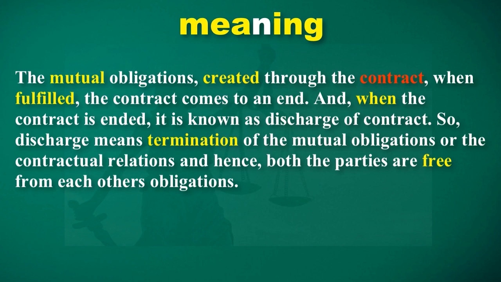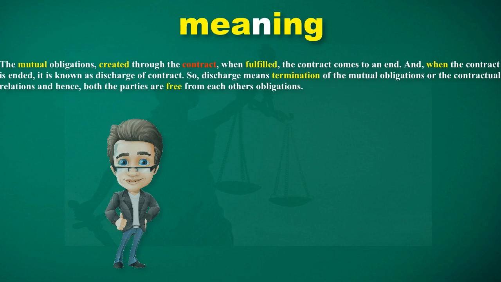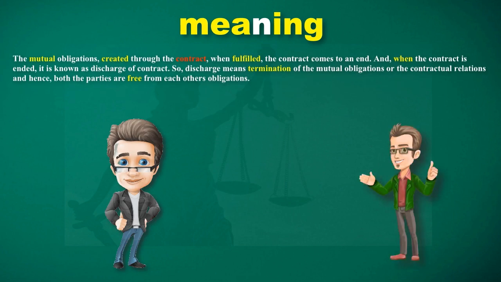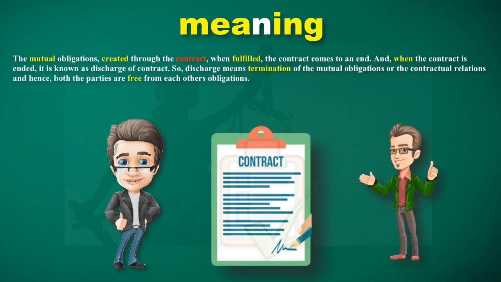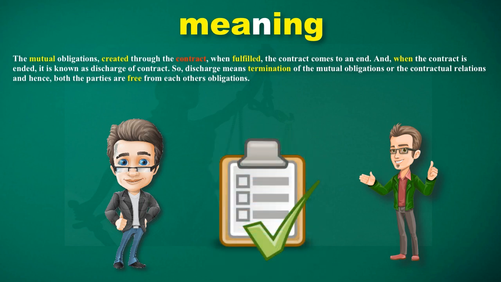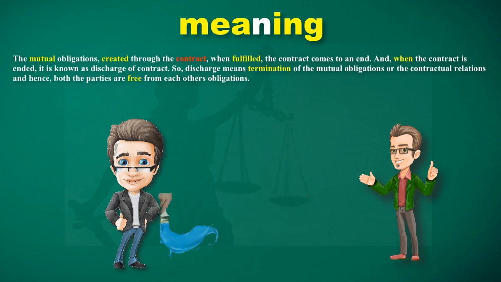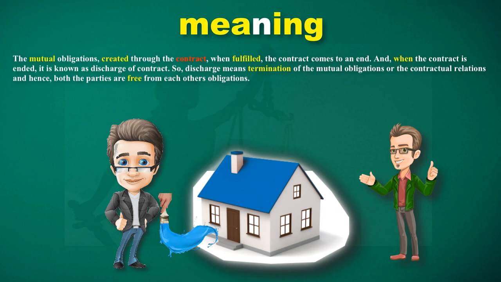It is saying that when through a contract you created some sort of obligation, and once that obligation is completed, for example, you and your friend contracted to perform a certain task, that is, you will paint his house and in return he will pay you 100 rupees.